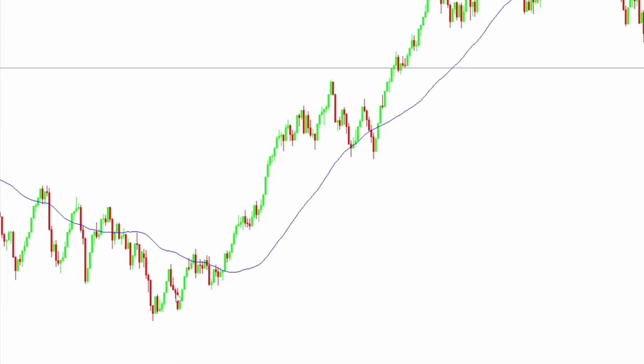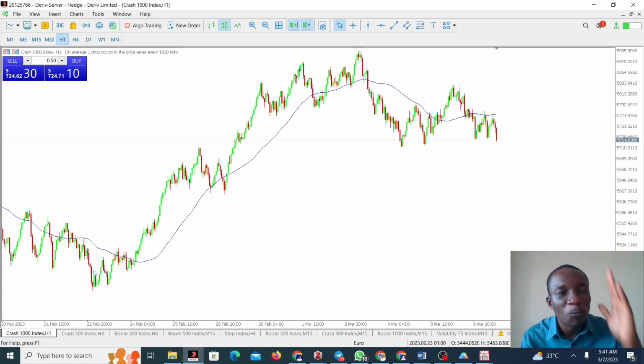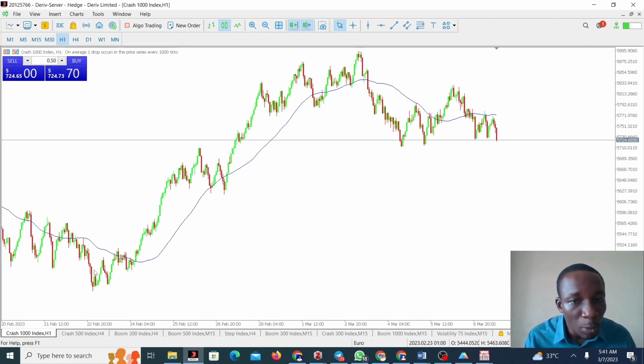And then look at what later happened. So now, like I said, whether it is double top and M shape, or double bottom and W shape, the 4 patterns are alike, right?